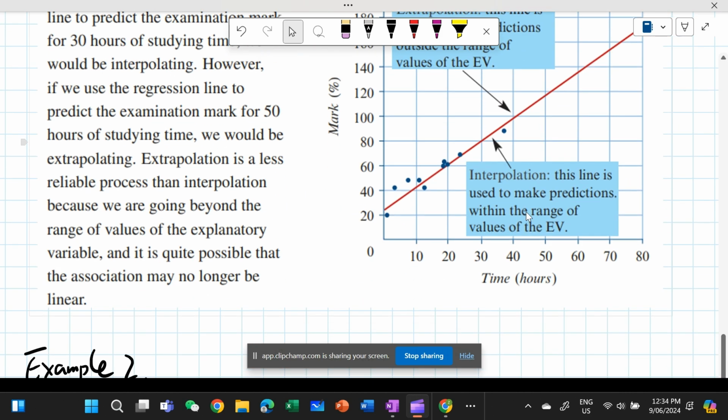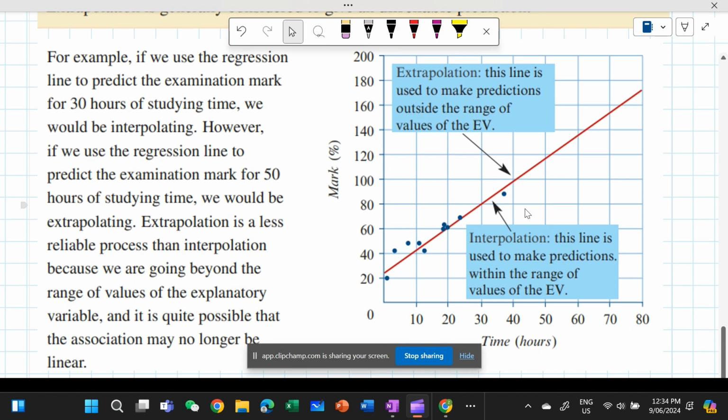So, for example, interpolation is when the line is used to make a prediction within the range of the explanatory variable. Extrapolation is when the line is used to make a prediction outside the range of the explanatory variable. If some points are around here, those are extrapolations. This straight line here is pretty close, and that's the interpolation.